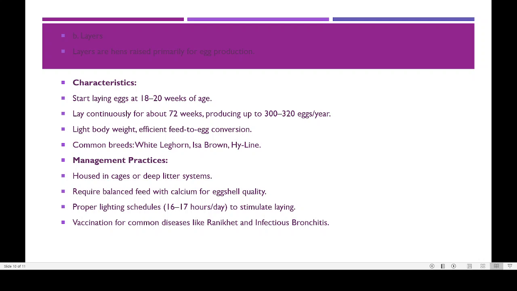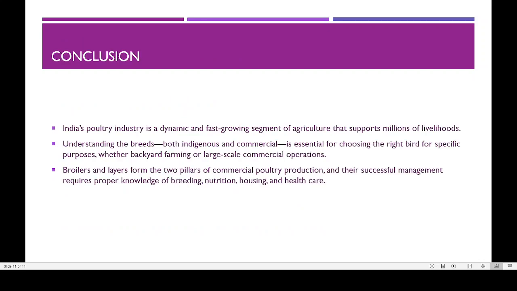A proper lighting schedule is needed to stimulate laying. 17 hours per day is needed for egg laying. That is why they use artificial lighting. Then vaccination for common diseases like Ranikhet and infectious bronchitis. These are some of the diseases which affect them.